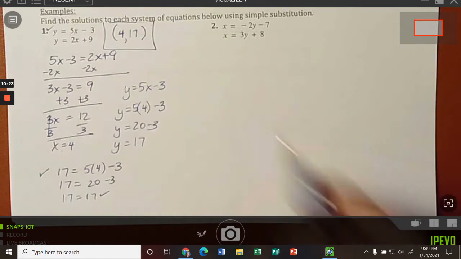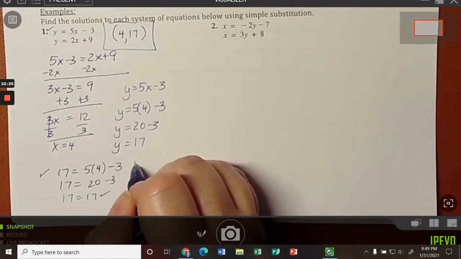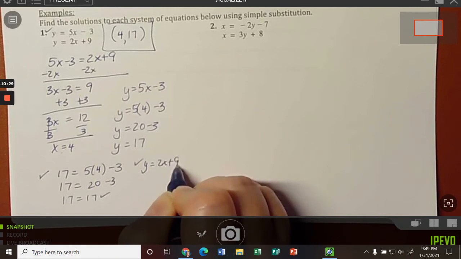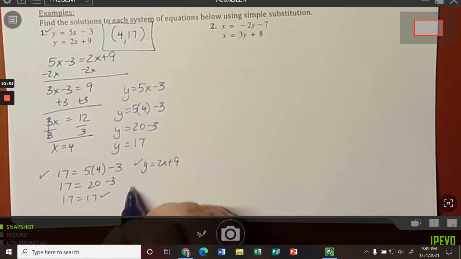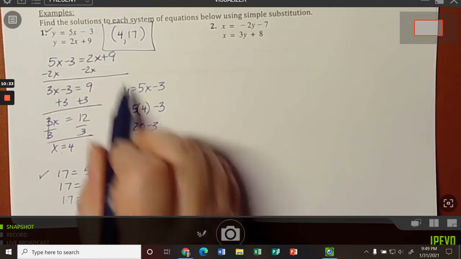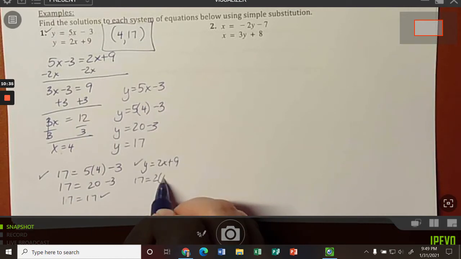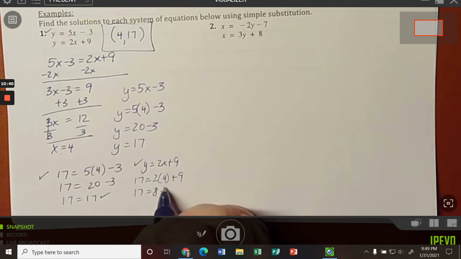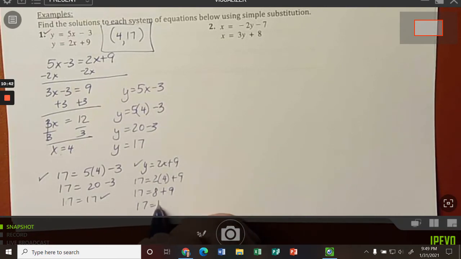So it checked out in the first equation, and let's check the second equation. y equals 2x plus 9. I just wrote down the equation. So 17 equals 2 times 4 plus 9. 17 equals 8 plus 9. So yes, 17 equals 17 does check out.